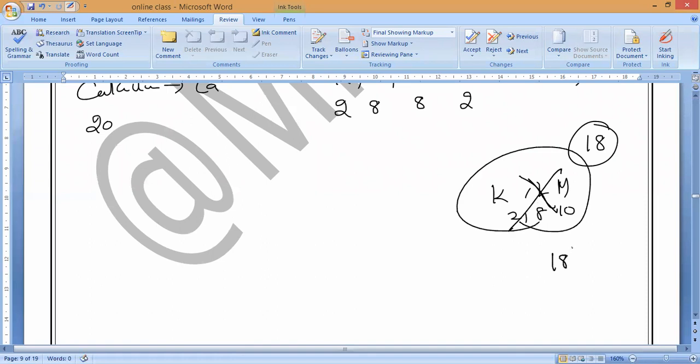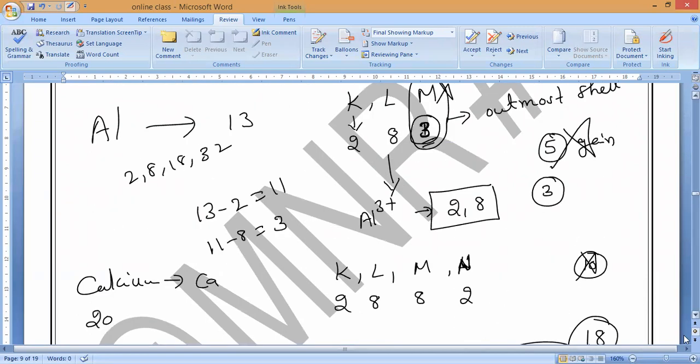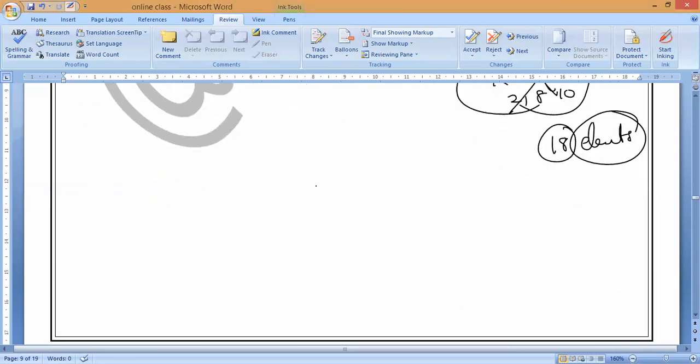So till 18 elements, we can write in this method, understanding? But from 18 onwards, it is not possible to write by this general method of electronic configuration. So for that, from 18 we will follow a principle, as I told you.